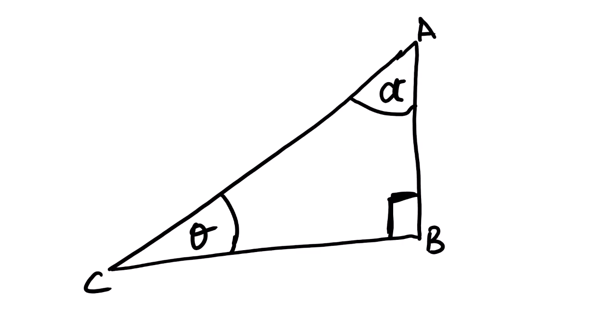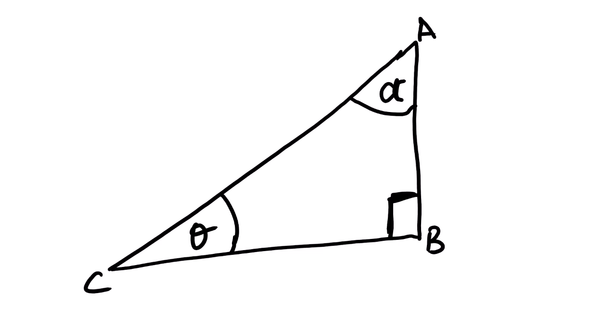Suppose we have this right-angled triangle, and then we need to express our 3 trig ratios. Before we can do that, we need to determine the sides with respect to one of these angles.